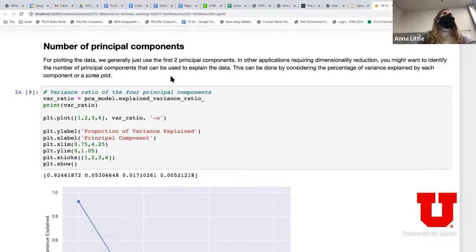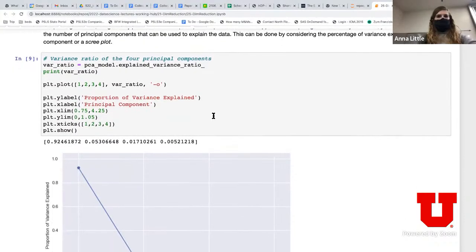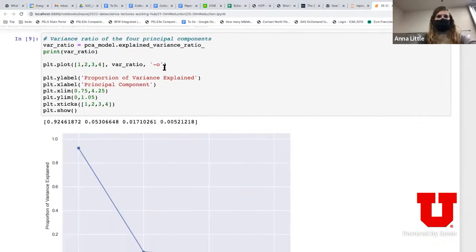So if we're asking how many dimensions we need to keep to reduce the dimension but still capture the important variance in the data, one way we can try to assess that is by looking at something called a scree plot. So let's take a look at this scree plot.